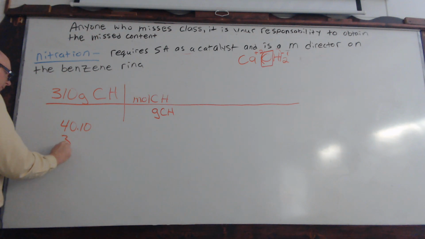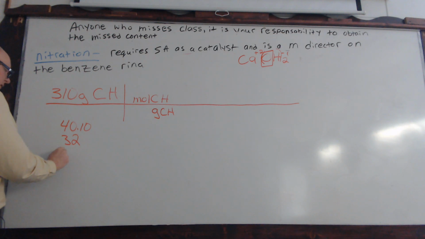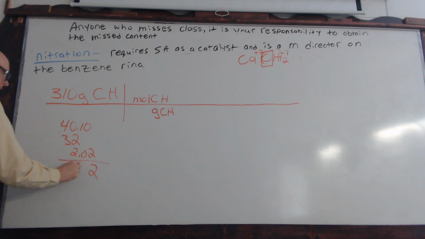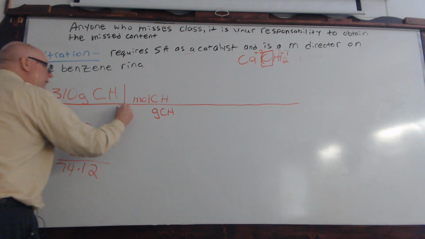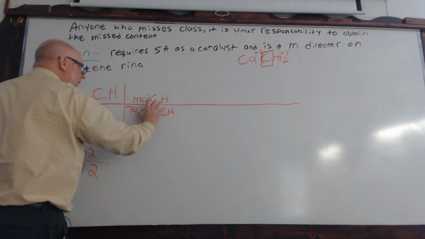And we've got 2. And then how much do we have for the hydrogens? Okay, so 74.12. That's all of that added together.